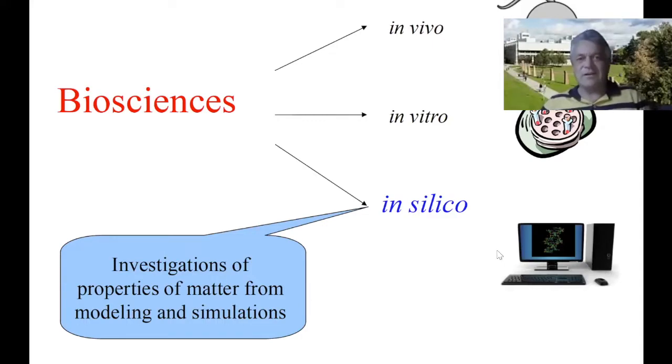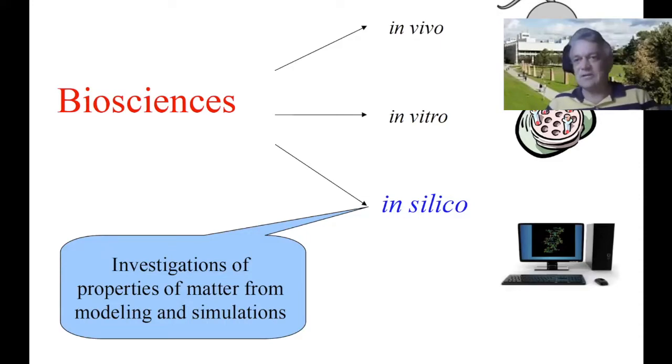So historically we have two ways of studying biological objects or living organisms. We have in vivo studies, when we do experiments with the organisms themselves. Mice are very popular in this sense. There are also in vitro studies, when we study biological matter taken out of the organism.